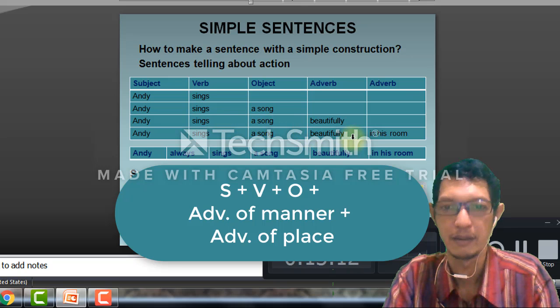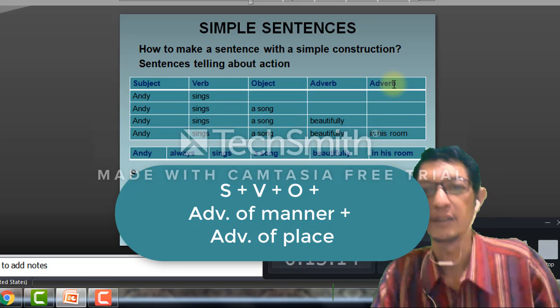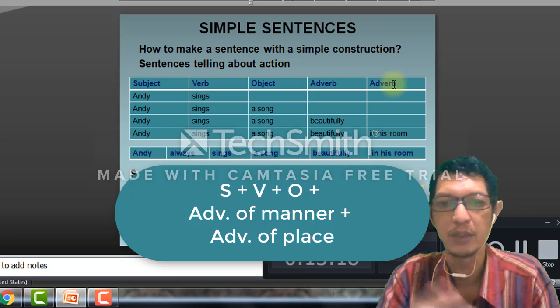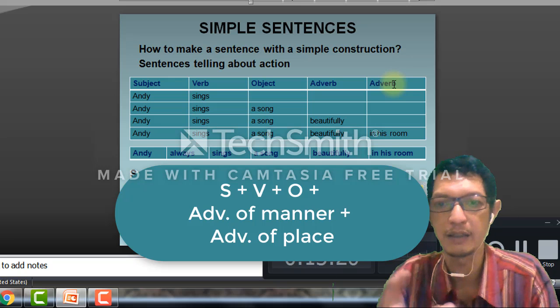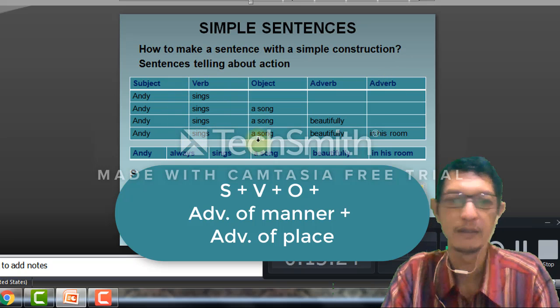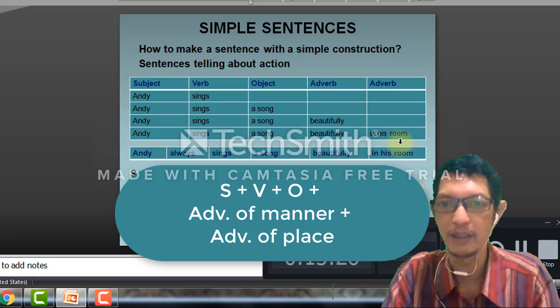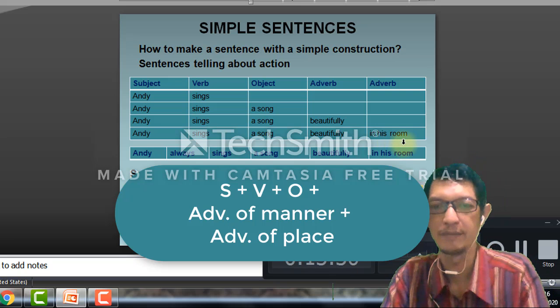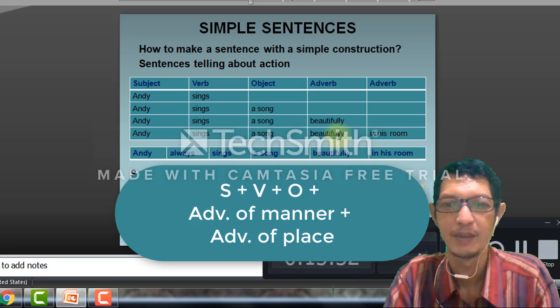It's easy. Just use an adverb telling about the place where Andy sings his songs beautifully. So you can say Andy sings a song beautifully in his room. So it's simple, right? This is already complete.